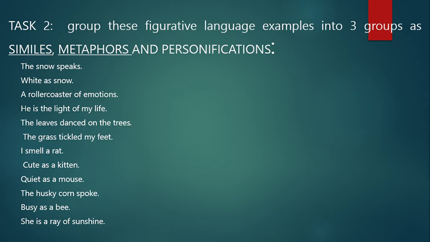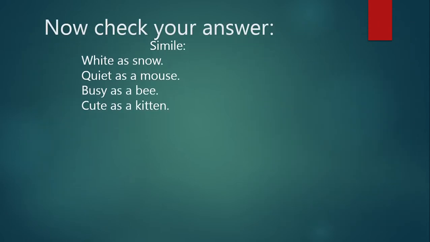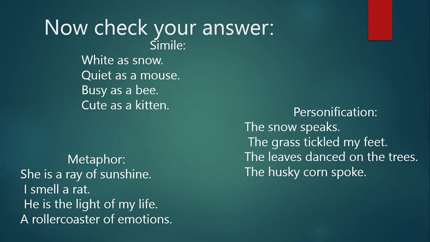Don't forget about the key features of all 3 figurative languages and group the examples. Now, stop the video and group the sentences. Time to check your answers. Stop, see your mistakes, go back to the video again if you need.